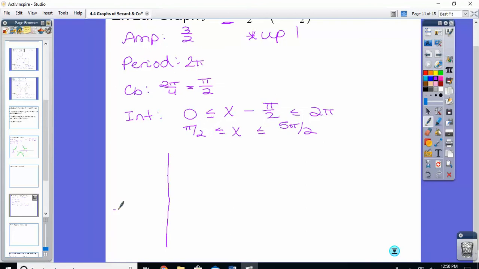So if we graph this, my first point on the x-axis is pi over 2. Counting by pi over 2, so the next one would be pi, 3 pi over 2, 2 pi, and 5 pi over 2.